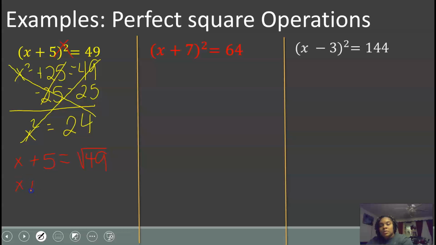So x plus 5 equals the square root of 49, which is plus or minus 7. And here's where this plus or minus is very important, because this is a quadratic, you have two responses or two x's. So here you're going to have minus 5, and here you're going to have minus 5.